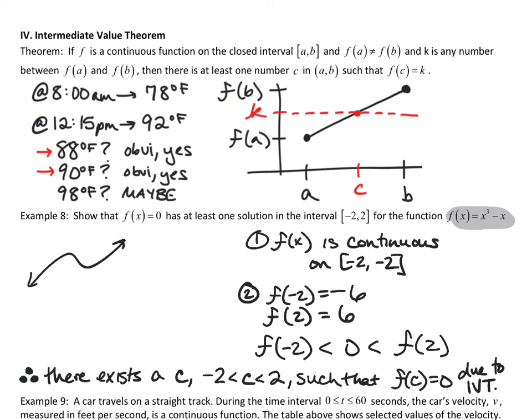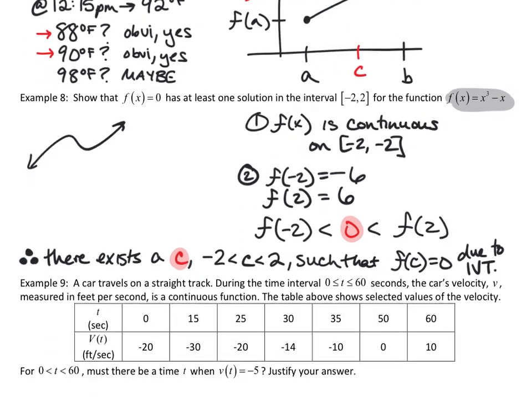So we're writing justifications, which really is going to help us whenever we get to calculus level questions, because we have to write our answers in complete sentences providing justifications. So there exists a value c between the two values such that f of c equals 0 because c is between -2 and 2. That's the intermediate value theorem.